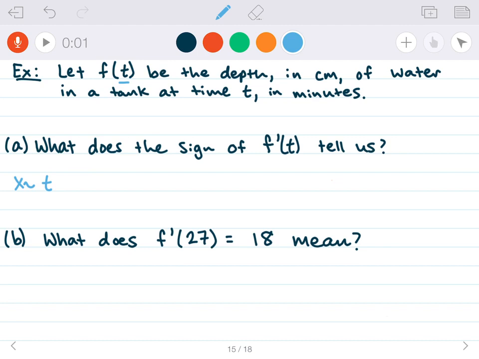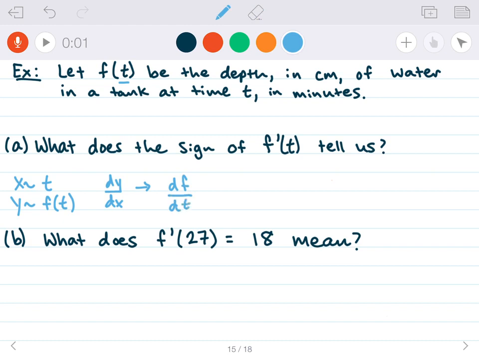And so we have that y is F of T. And so dy dx, remember, in this case is going to be dF, or dF of t if you like that, over dt, change in time.